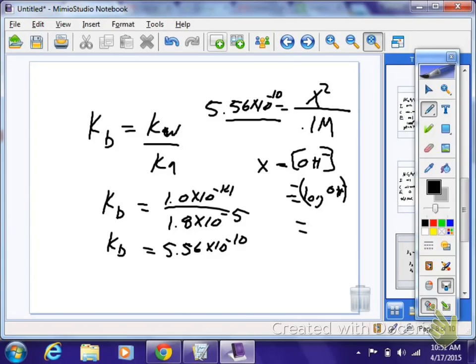And that would be 5.1, is that right? So the pOH is 5.1. So the pH is equal to, what, 8.9? So when you get it pink, or get it neutral, you'll get an 8.9 out.